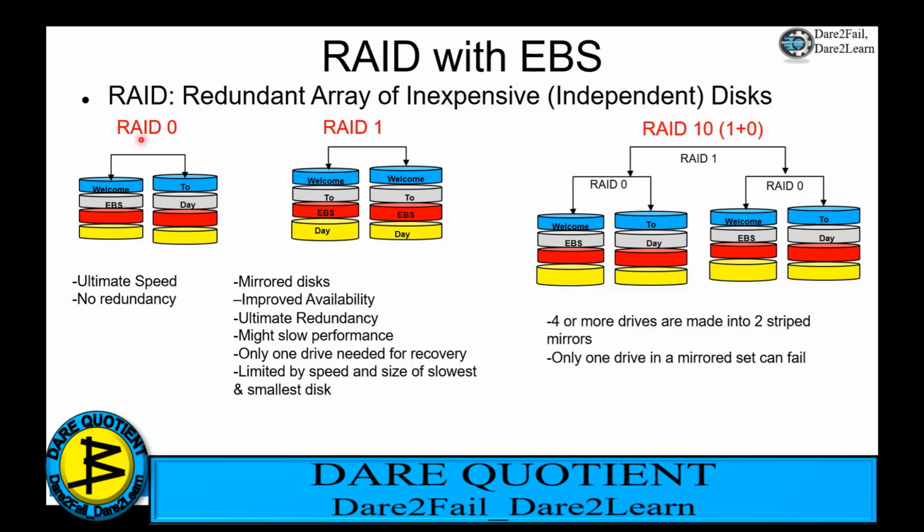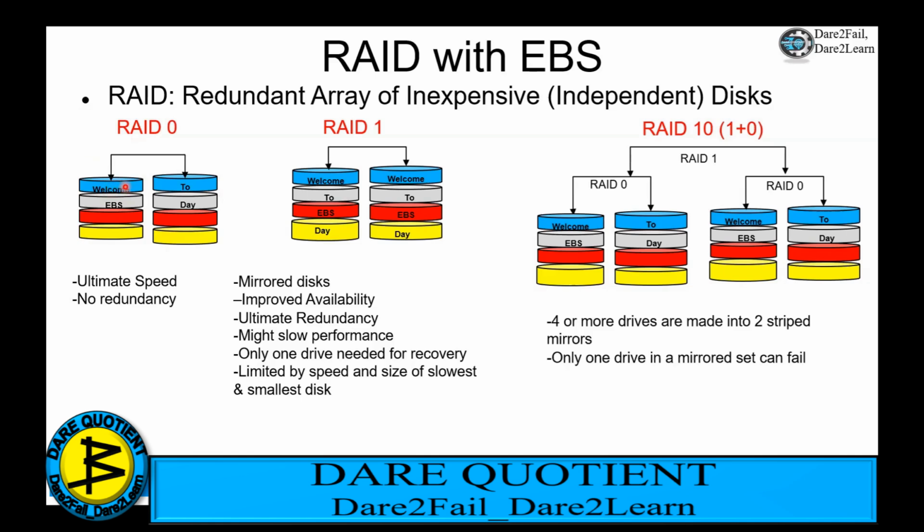For RAID 0, which is the first diagram to the left of the screen, you have two hard drives, let's say hard drive 1 and hard drive 2. What RAID 0 does is it takes your data and splits it evenly across your hard drives.